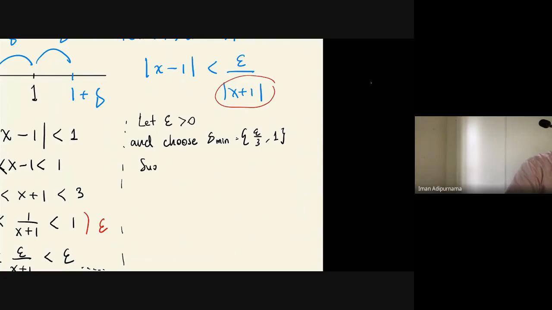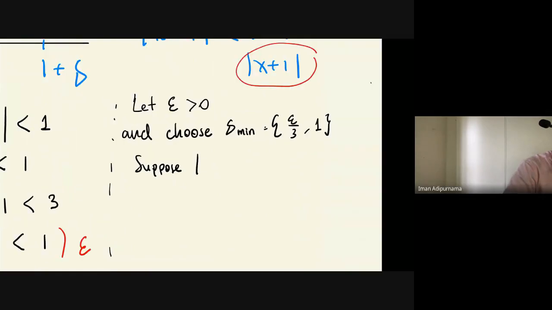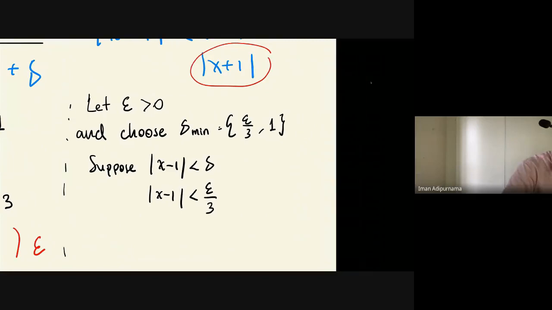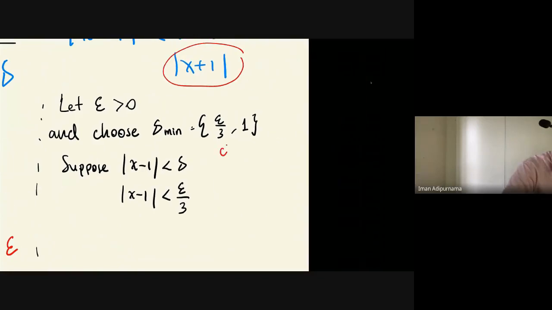And suppose, I will write back all the information from the beginning. So suppose that the distance is less than delta. And because we are choosing the delta minimum from our interval here, we are choosing the delta to be epsilon over 3. I will write here, choosing delta is epsilon over 3.